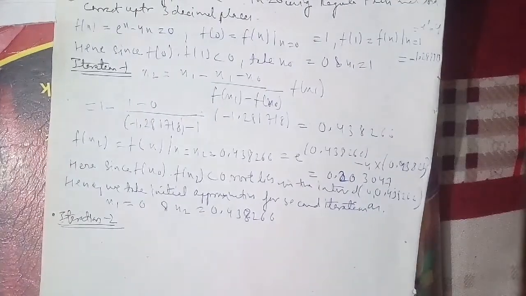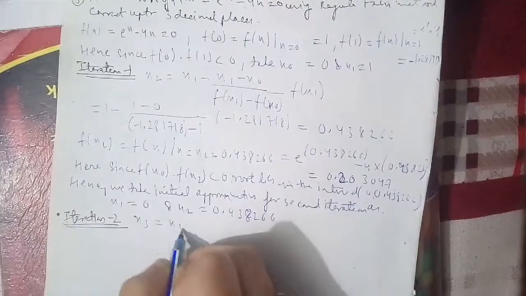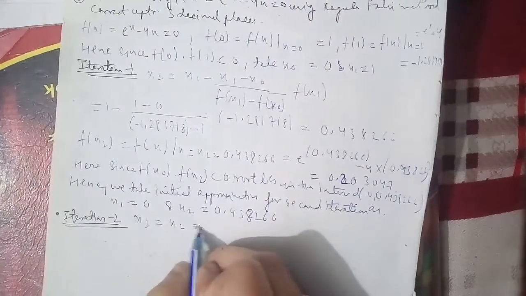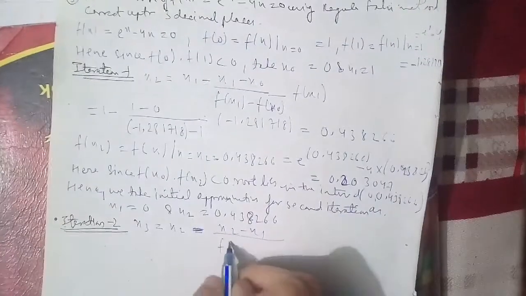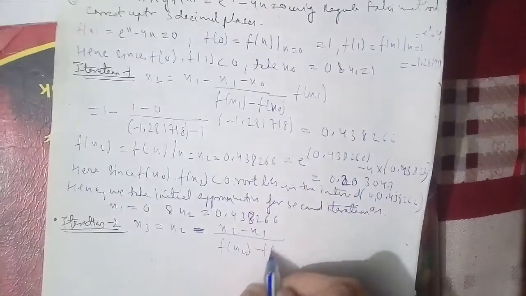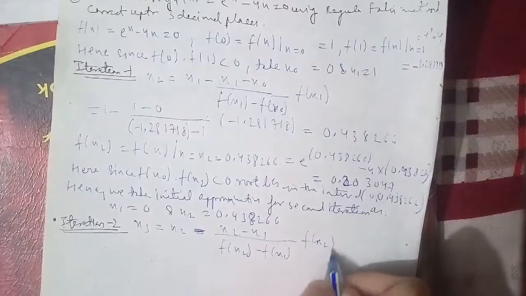For that, x3 = x2 - (x2 - x1) / (f(x2) - f(x1)) * f(x2).